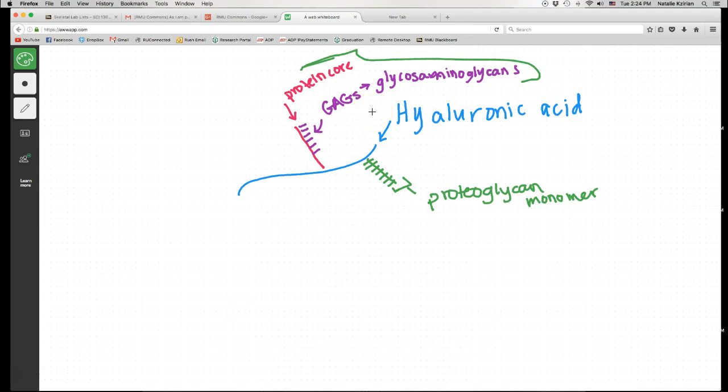Now, we need something in order to connect this to our hyaluronic acid. So what we're going to use is a link protein. That's our next component. So we'll add a link protein over here and a link protein over here.